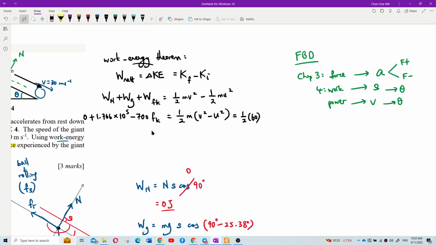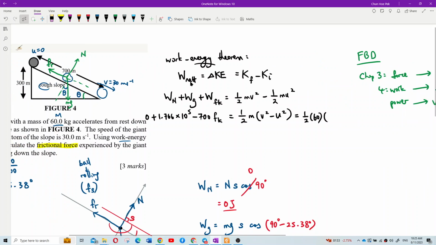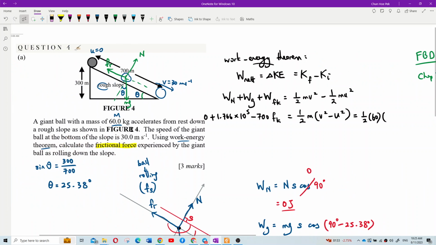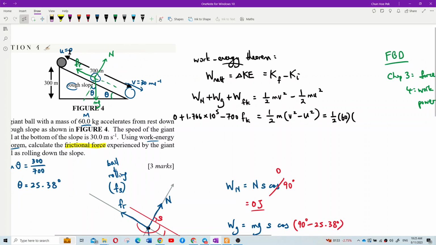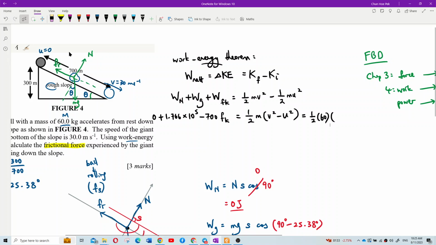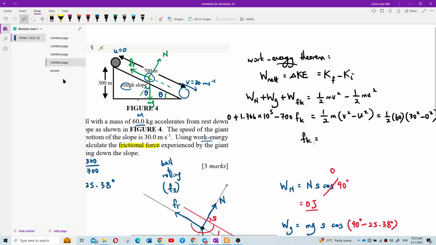Work energy theorem means this formula. V square, V is 30. Initial 0. So 30 square minus 0 square. See? So easy you can find. Find the answer, class. So finally you get the answer. For sure you get the answer.